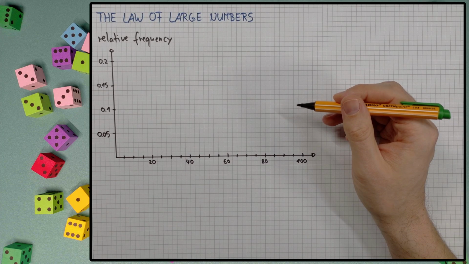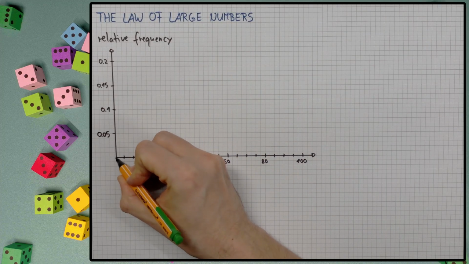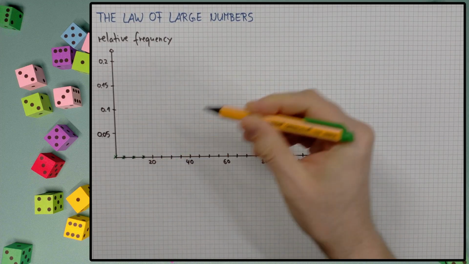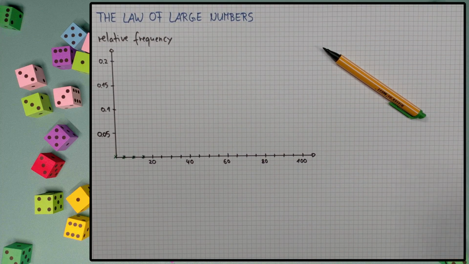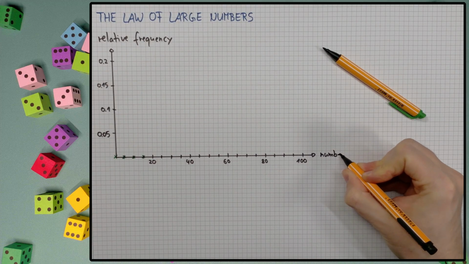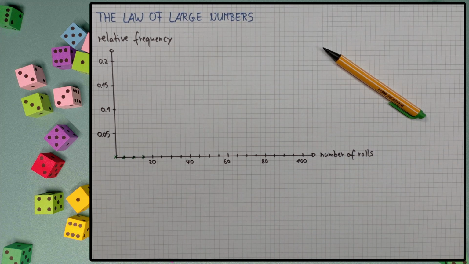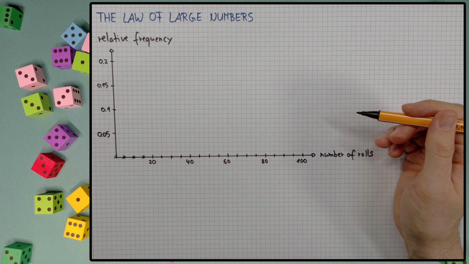For the first 15 rolls, we had no 6s at all. I forgot to label that axis. So up until 15 rolls, the frequency was 0, naught, nada.